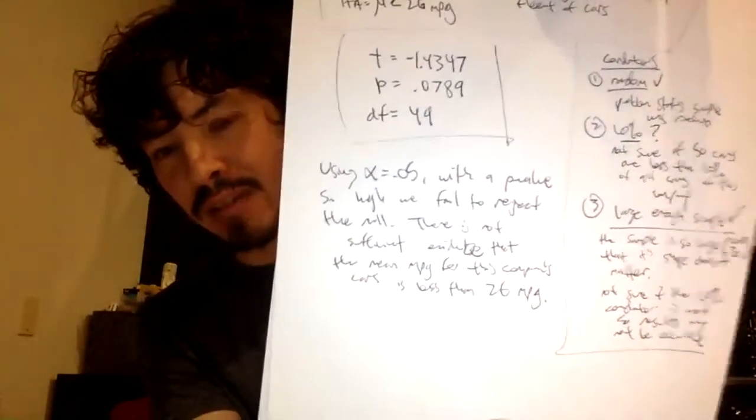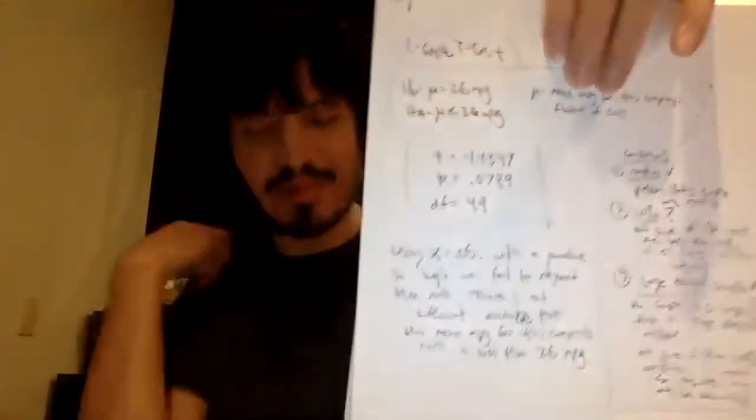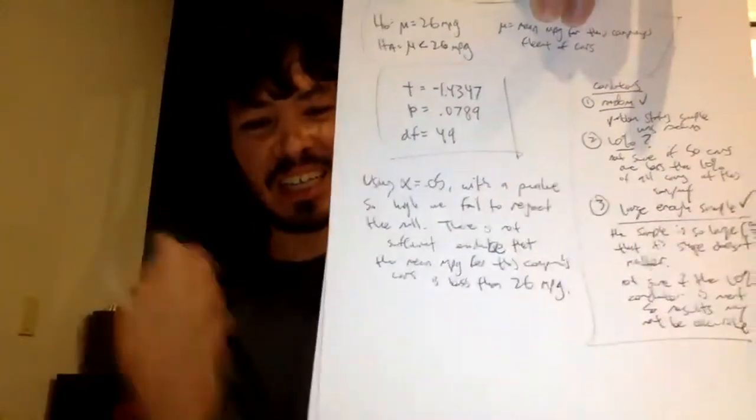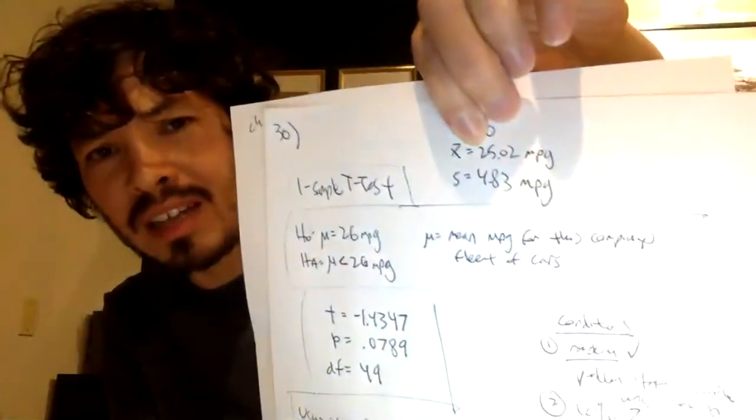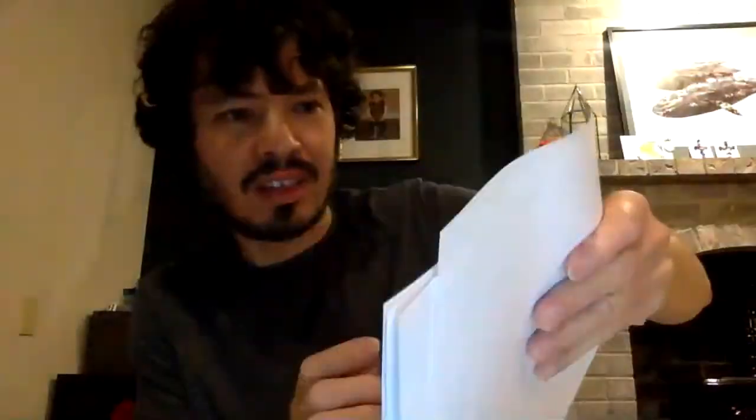Again, sorry for my handwriting, but you can play it over again and hear me say it. That's probably a better way to copy it down. All right, great. So the 25 miles per gallon didn't convince us that it was less than 26 miles per gallon. It was pretty close. Okay.